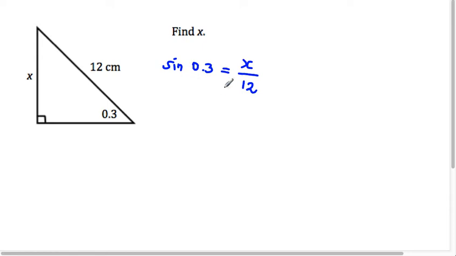So if we multiply by 12 on both sides, we will end up with 12 times sine 0.3 in radian is equal to x.